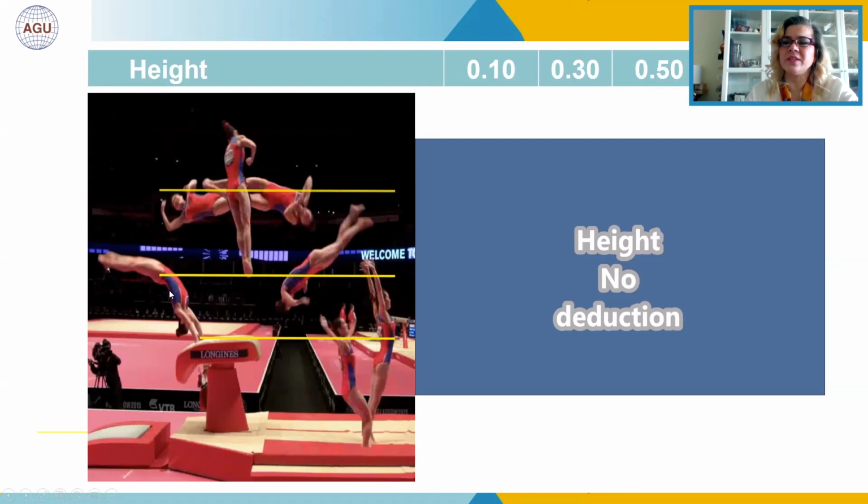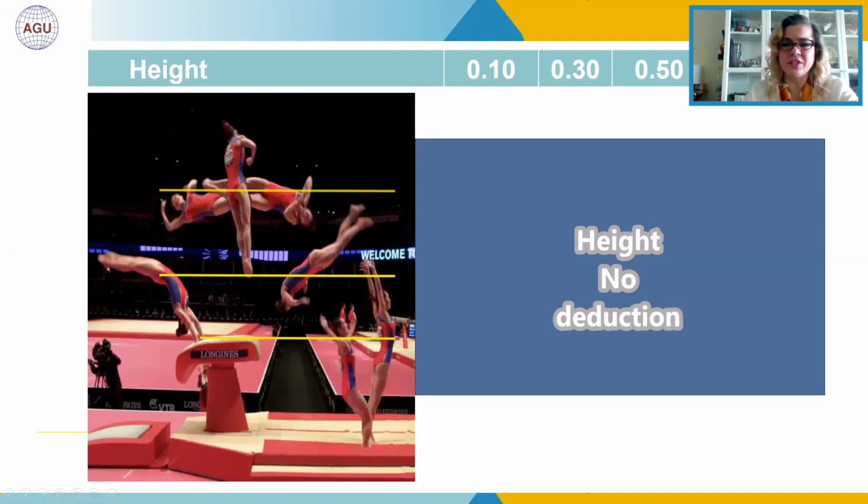You can see here the gymnast's hip level, and she has to raise her body mass up, or center up, almost the same or even more than the hip height. So the higher she is, there is no deduction. The shorter or lower she is in her rising period after the repulsion phase, the more deduction she receives. The lower, the more deductions.